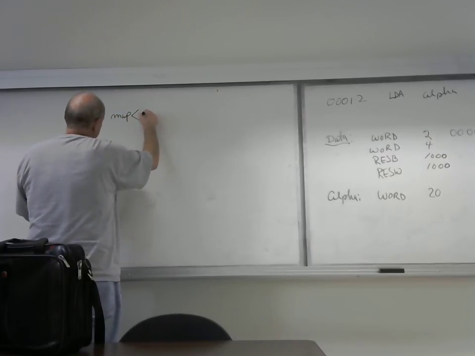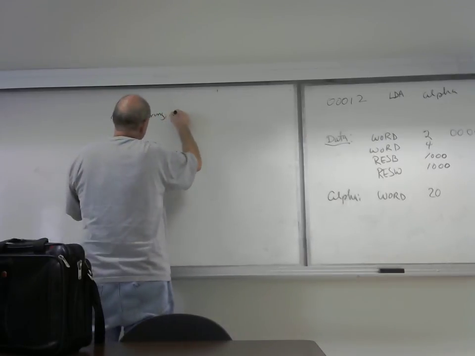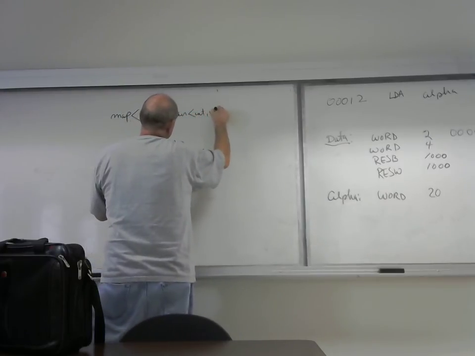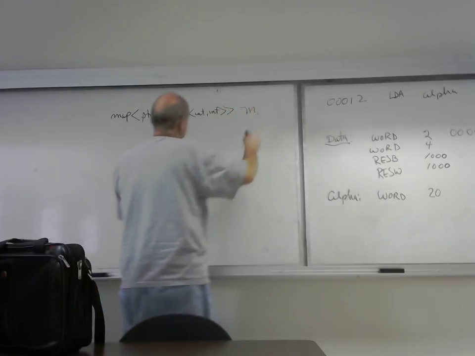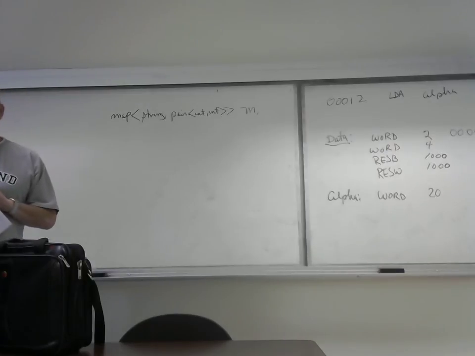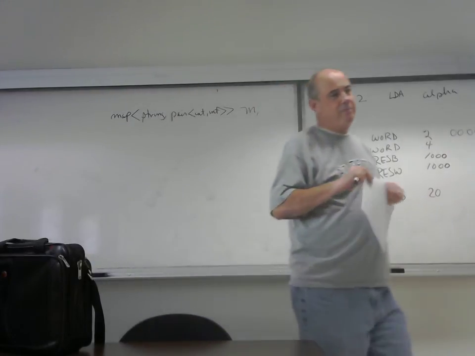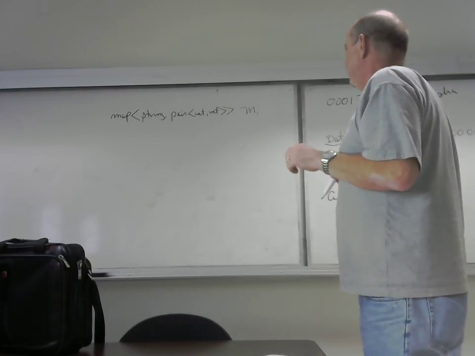Now, string, pair. Legal, not legal? So you're declaring a map of type M, where the name of the variable is M, and the angle brackets are what it takes.